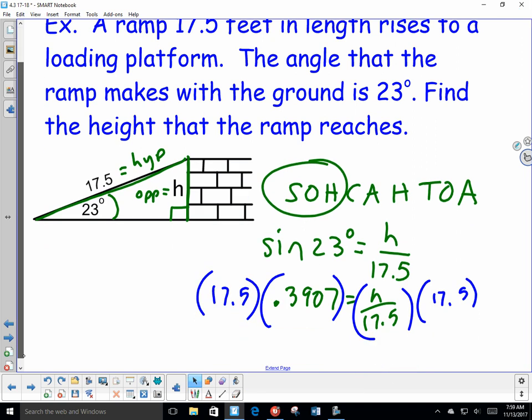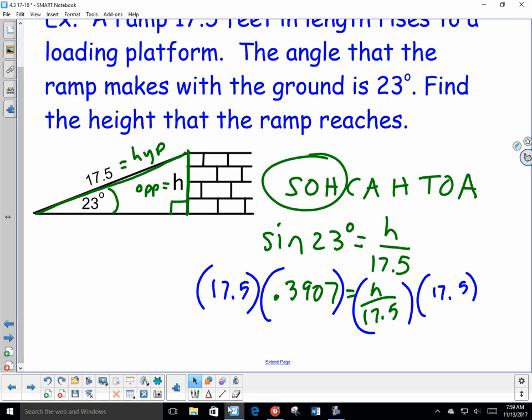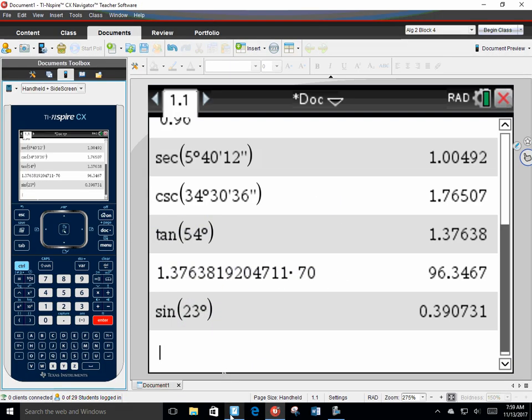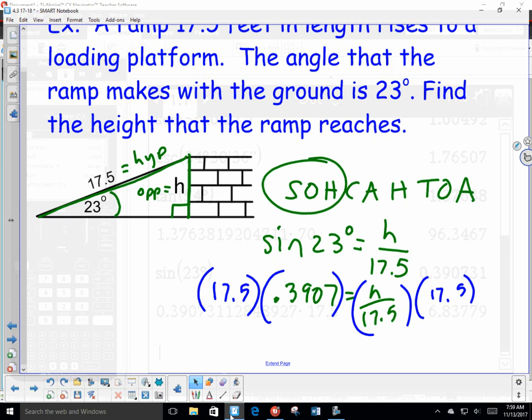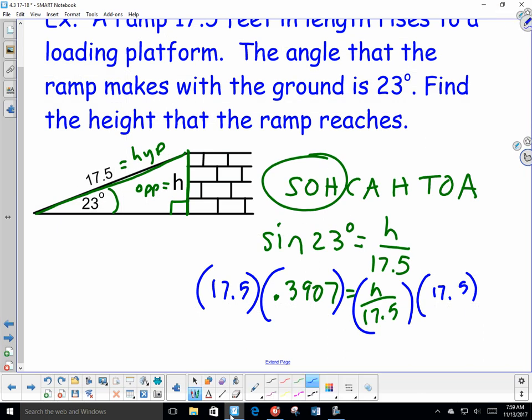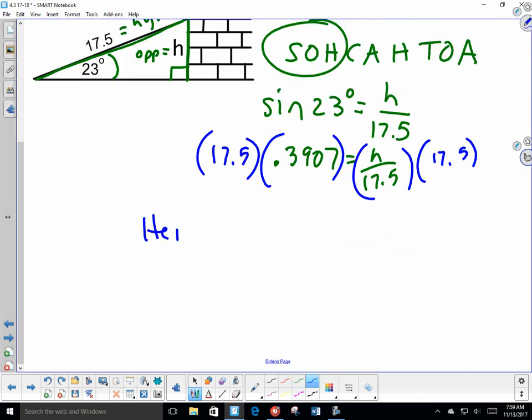And we end up getting 6.84. So about 6.84 feet is the height of the ramp.